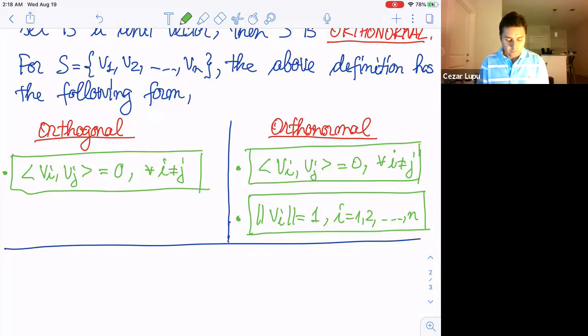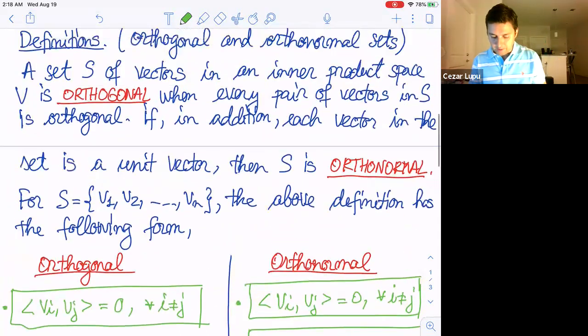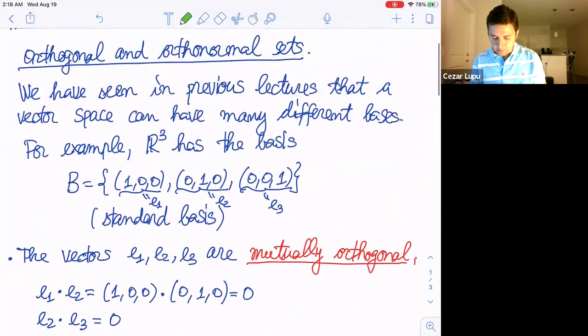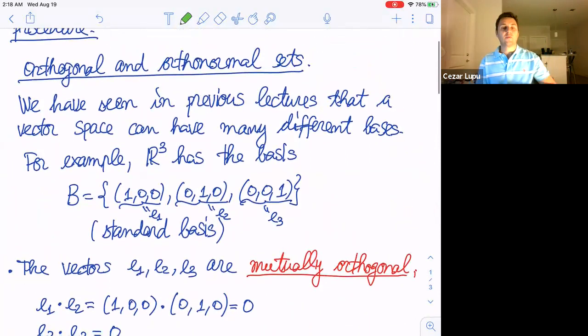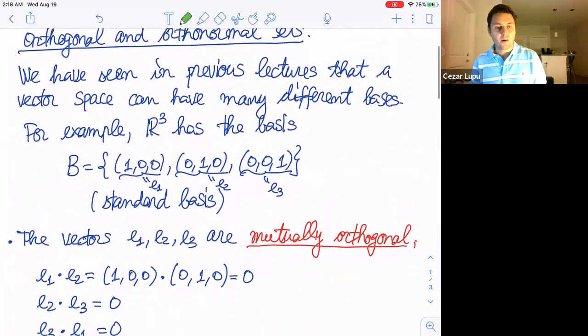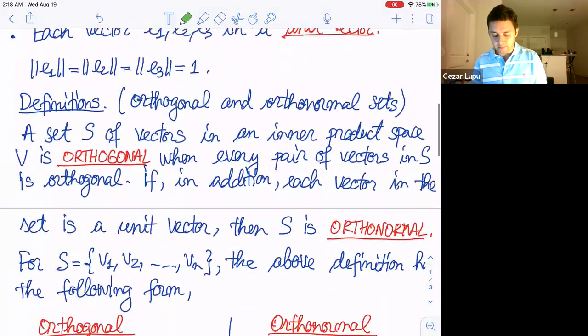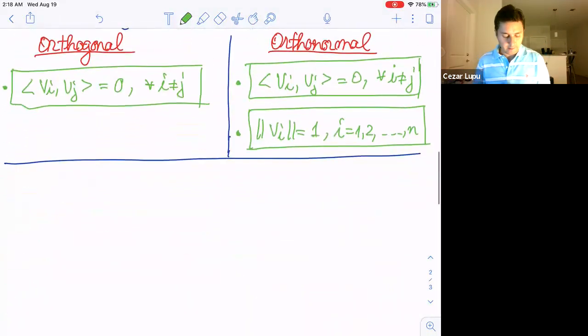Well, as you have seen, this basis here, the standard basis for R3, clearly is an orthonormal set, right? Okay. Well, let me point out a remark here.